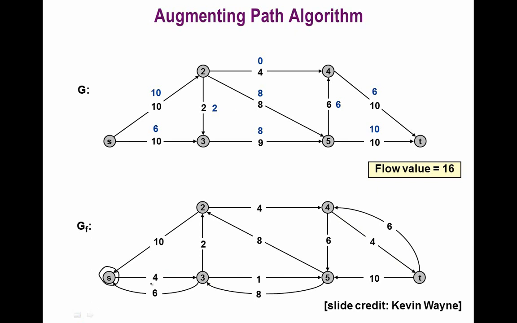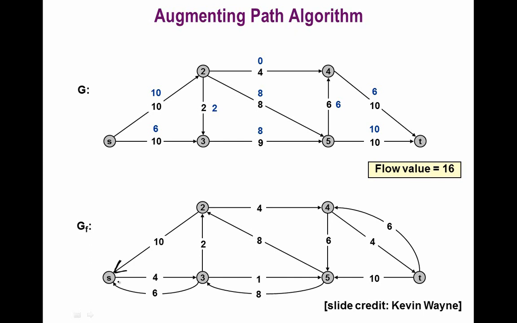We start at the source. I cannot send something along the top arrow here, because I have a capacity of 10 only in this direction. I have 0 capacity in the forward direction.